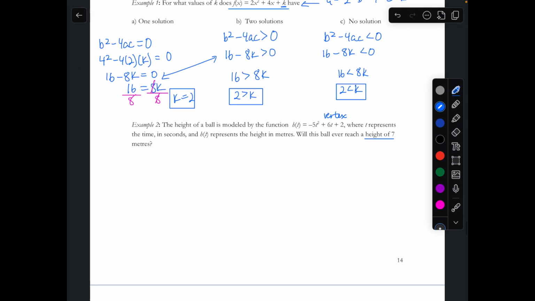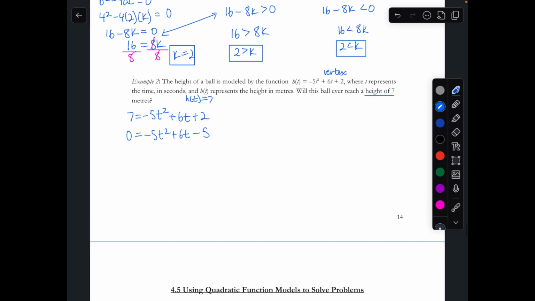But the way we're going to do it in this one is I'm going to substitute in a height of 7, and then I am going to use the quadratic formula to figure out what t values make this work. But of course, if I'm using the quadratic formula, one side has to be 0. Okay, so I'm going to get something like this.